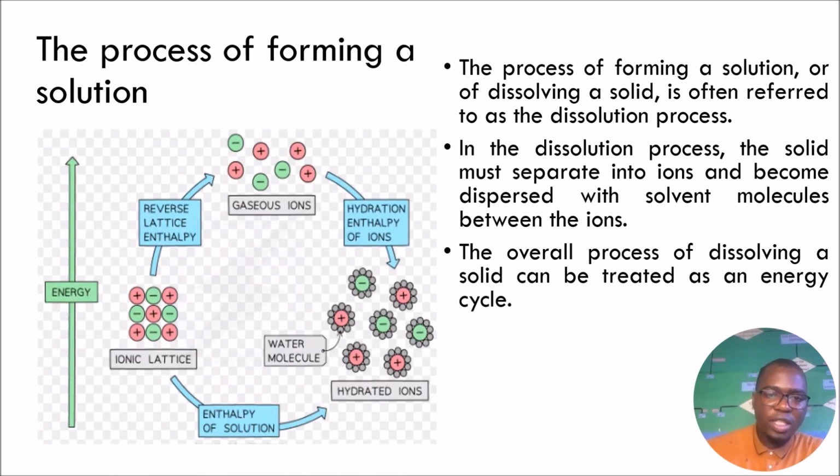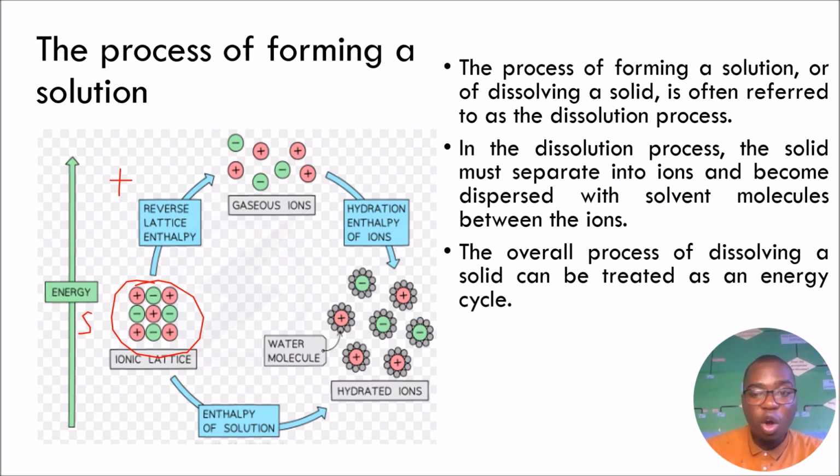Let's look at some illustration here. The starting point here is the ionic lattice, which is a solid. When you break this apart into its gaseous ions, that will be the reverse of lattice energy. So if we are moving from the solid to the gaseous ions, we expect the enthalpy change to be positive.